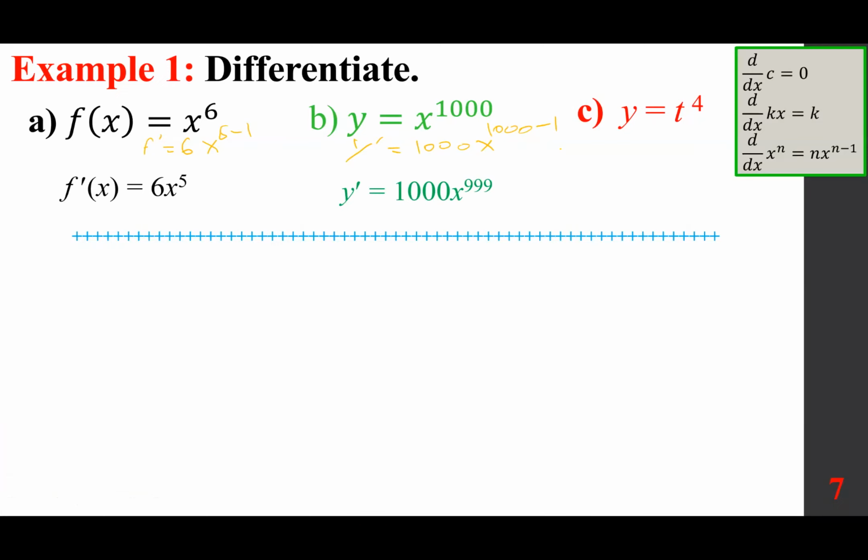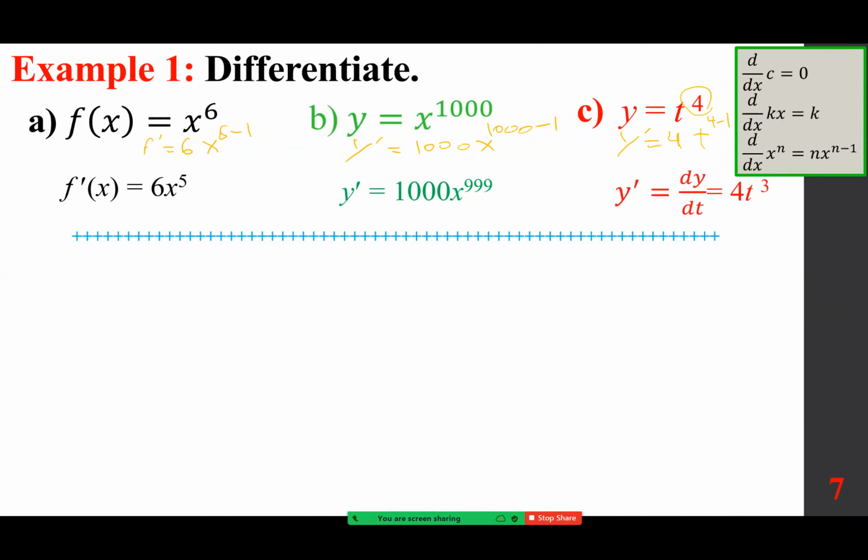What about part C? Anybody? 4 becomes the coefficient. The exponent goes down by 1. There you have it.